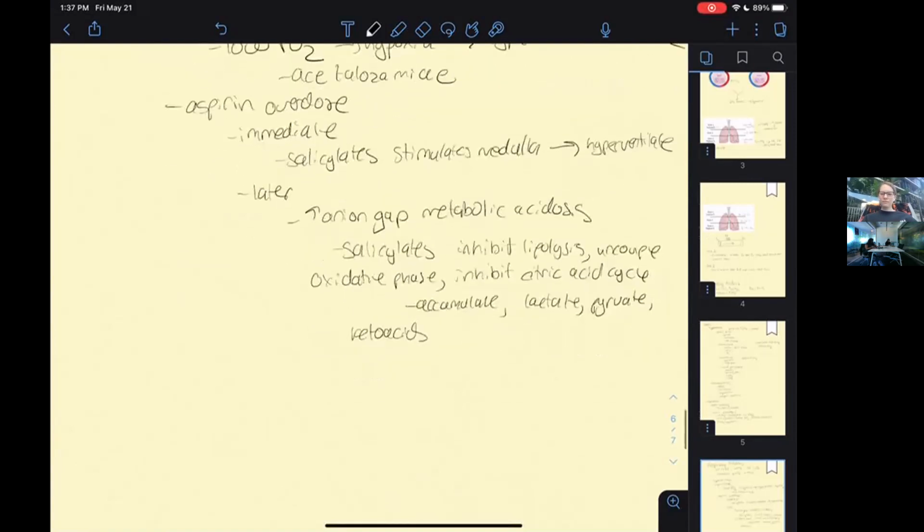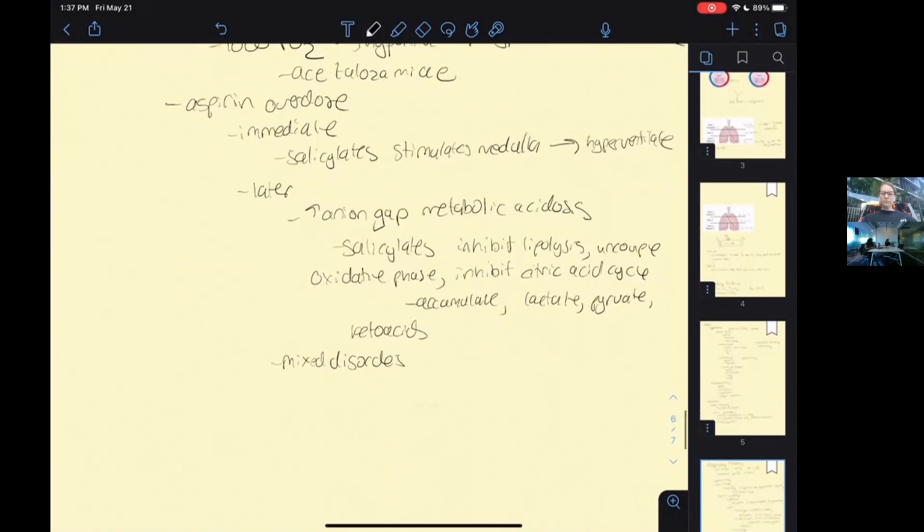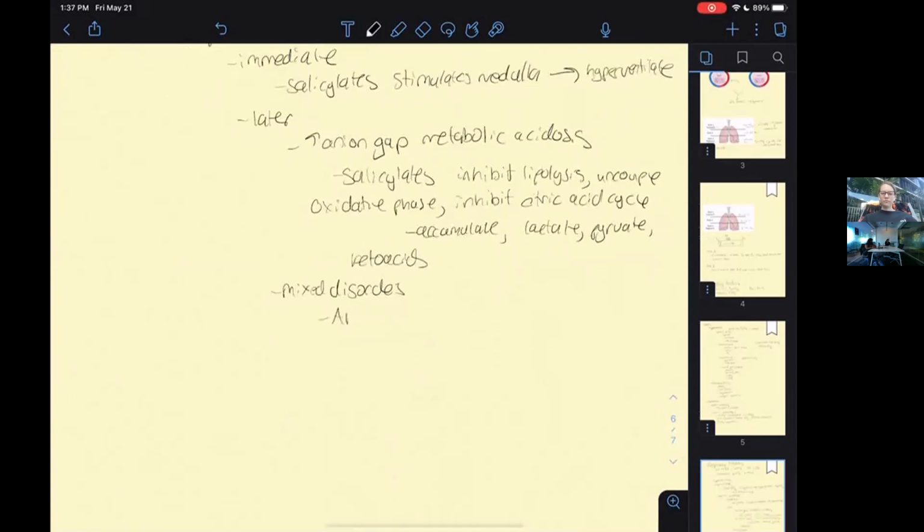So you can have a mixed disorder where the bloods might not always be classically respiratory alkalosis or classically increased anion gap metabolic acidosis. There are some ways to figure out whether it's both or one or anything.